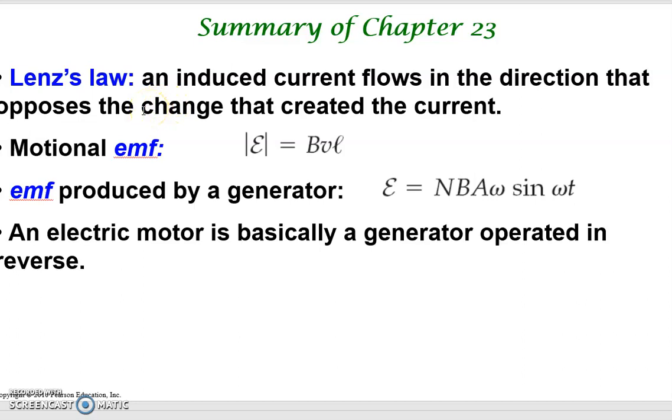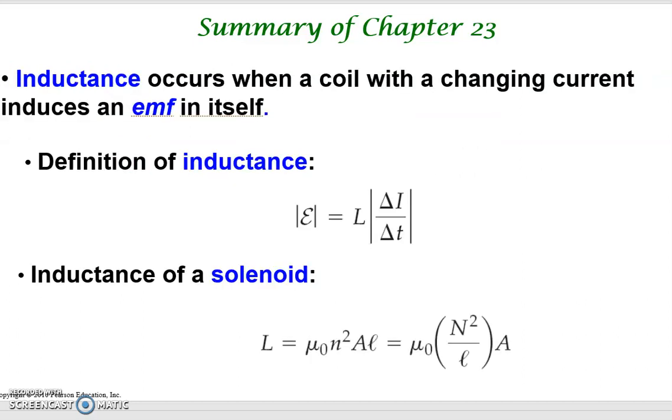So if the magnetic field becomes smaller and smaller, then based on Lenz's law, it will produce an induced current, and this induced current will produce an induced magnetic field. This induced magnetic field from the induced current will try to go against the change. This is a very crucial point for chapter 23.